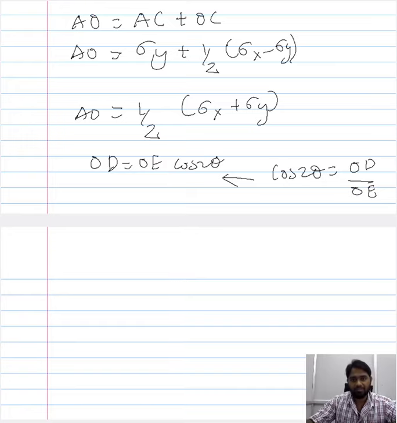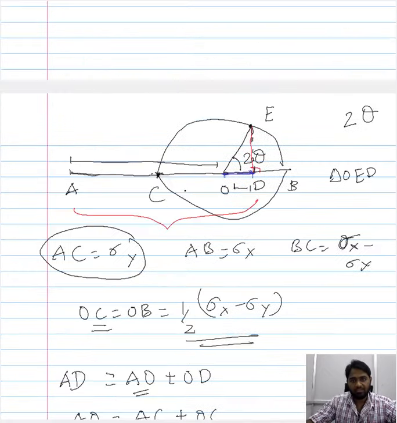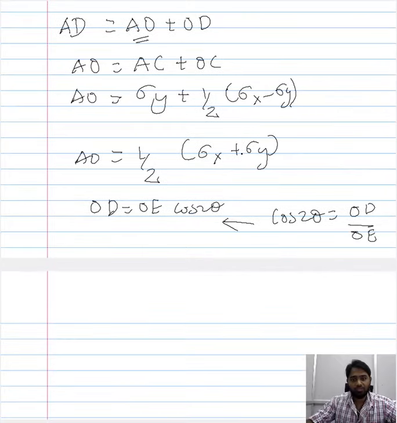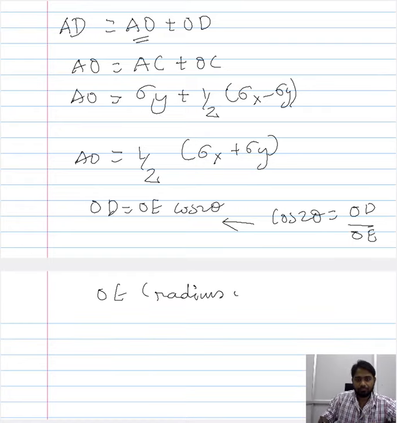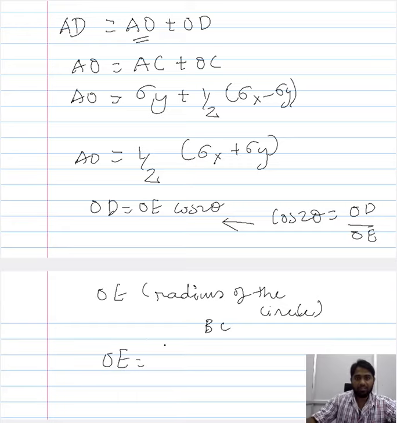So all that we have done is, to quantify OD, we have considered the triangle OED, and using this angle 2 theta, we have considered the cos 2 theta and expressed OD in terms of OE. So OD is equal to OE cos 2 theta. Now this OE is nothing but the radius of the circle we have considered with diameter BC, and the radius of this circle we have already quantified here.